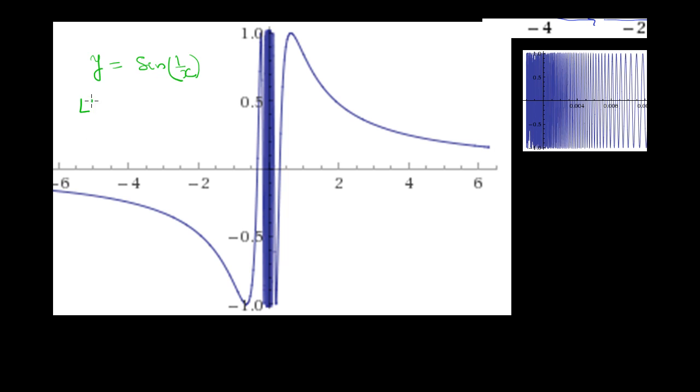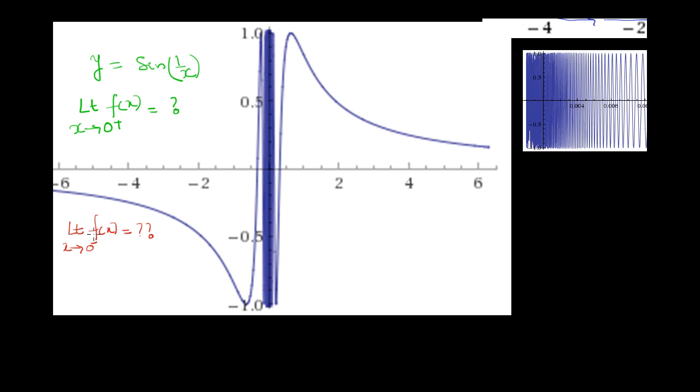What happens to the function when x is approaching 0 from the positive direction is the question. And what happens to the limit when x is approaching 0 from the negative direction is the question.